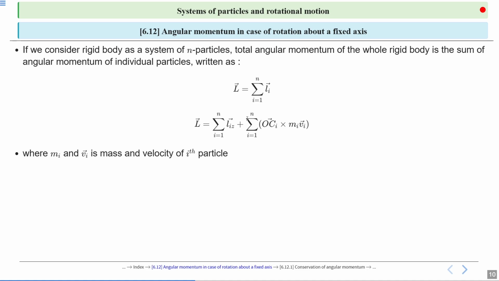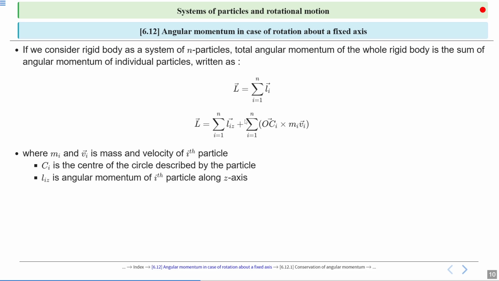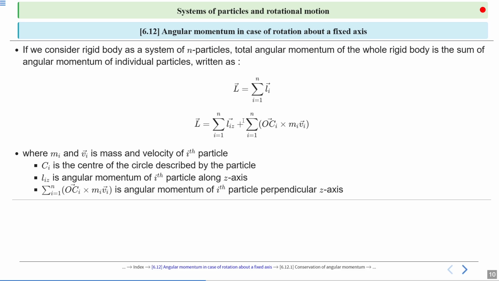Now Mi and Vi are the mass and velocity of the ith particle respectively. Ci is the center of the circle described by the particle, and Liz is the angular momentum of the ith particle along the z axis. And summation of OCi cross MiVi is the angular momentum of the ith particle perpendicular to the z axis.